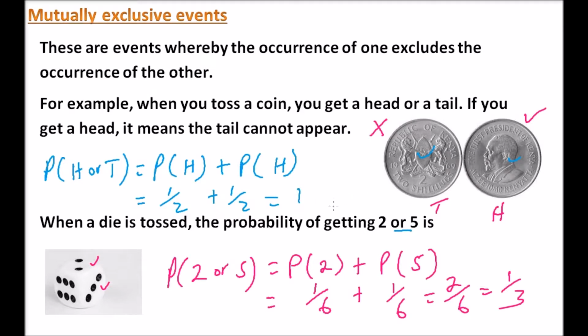This shows us, like we discussed, the range of probability: when you toss a coin, you are 100% sure that you get either a tail or a head. That is why the probability is 1. So from here, let's do an example, then we look at the independent events.